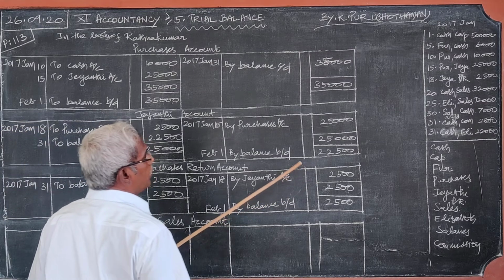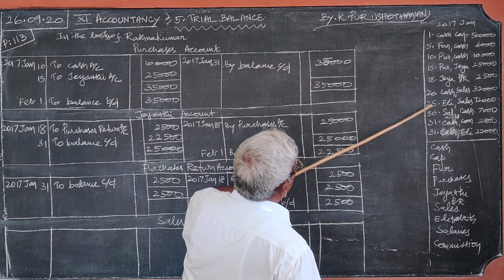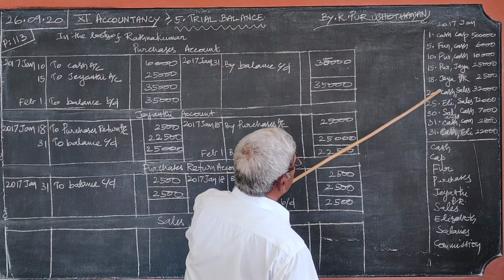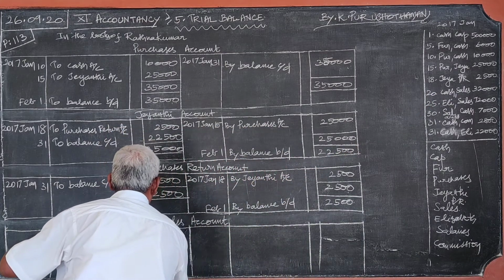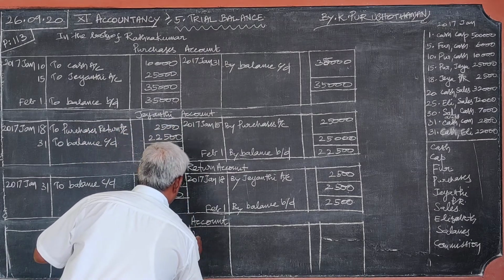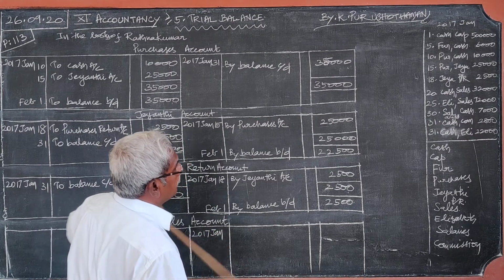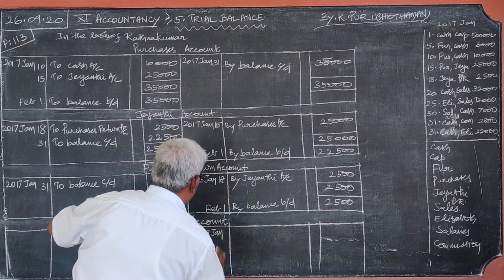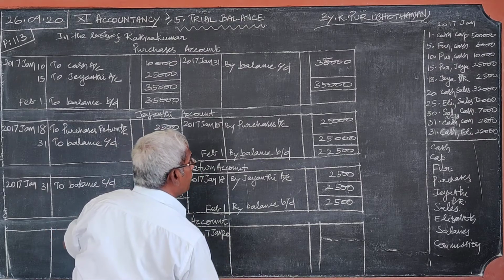Where does the sales account appear? On 20th and 25th. On these two dates only, the sales account appears. On what side? On the credit side. 2017 January. This is cash, 20th, and the next date is 25th.